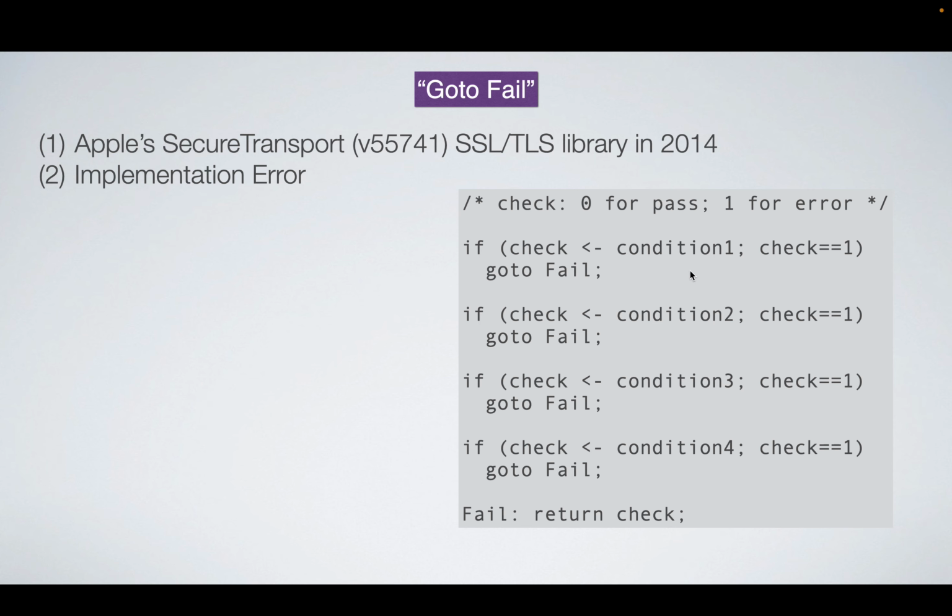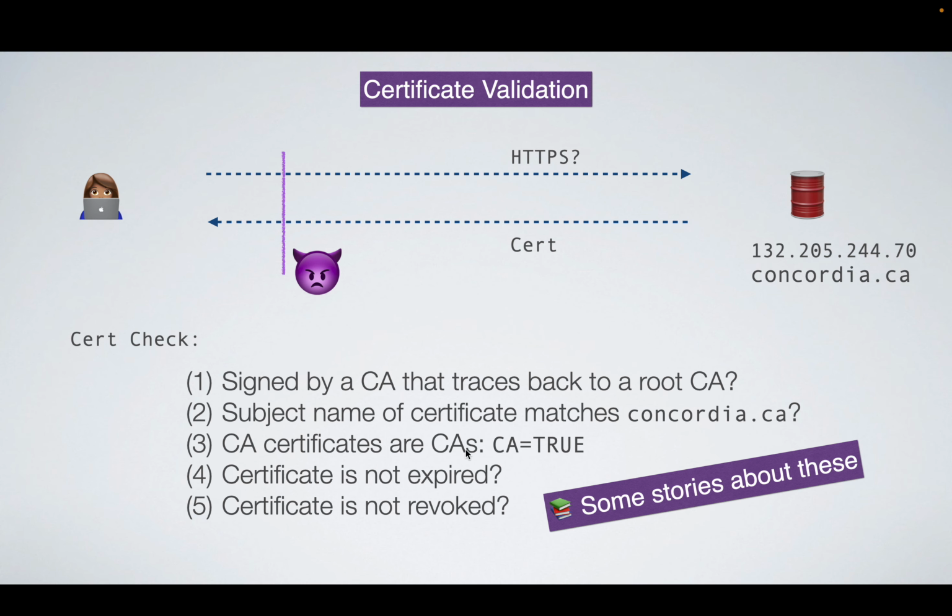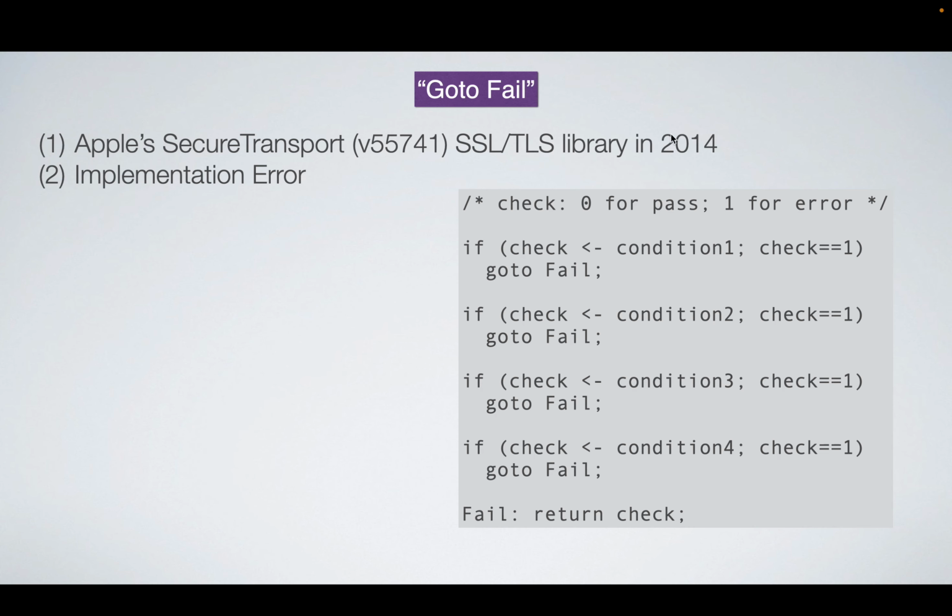So what you're going to do is check a bunch of conditions: 1, 2, 3, 4. What are the conditions? It's this kind of stuff, all the things that you need to check about a certificate. You're going to walk through all those checks one by one. Instead of naming them explicitly, you're going to check them. Now the condition is going to write into the check variable.